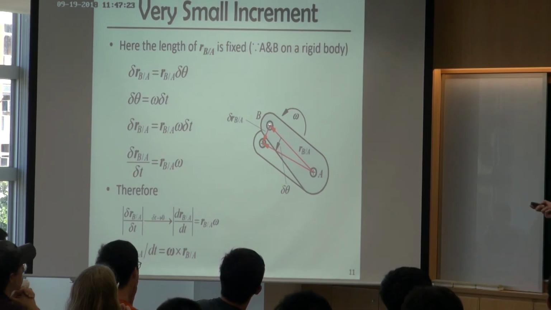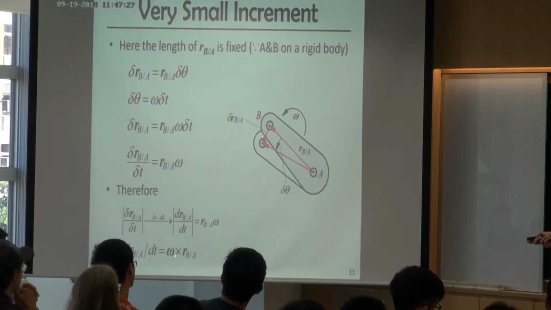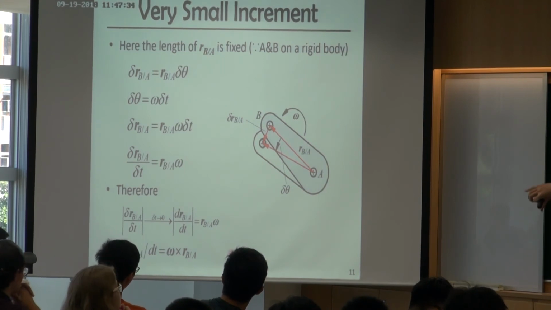We know this one is pointing this way, so omega cross RBA will also point in the same direction.